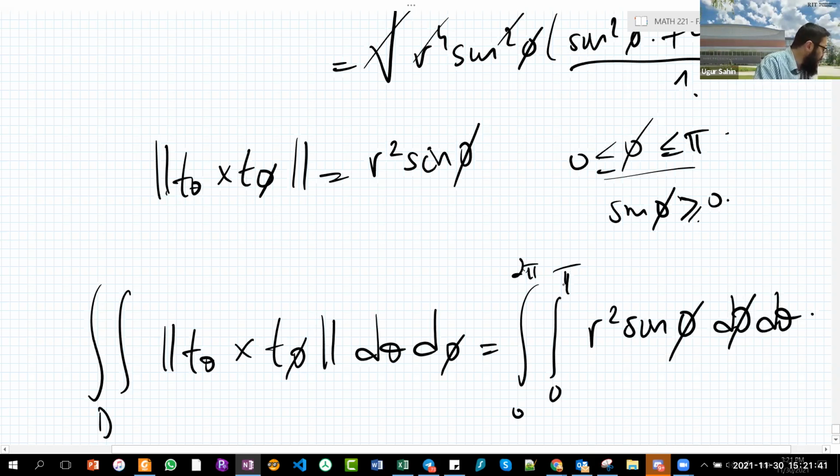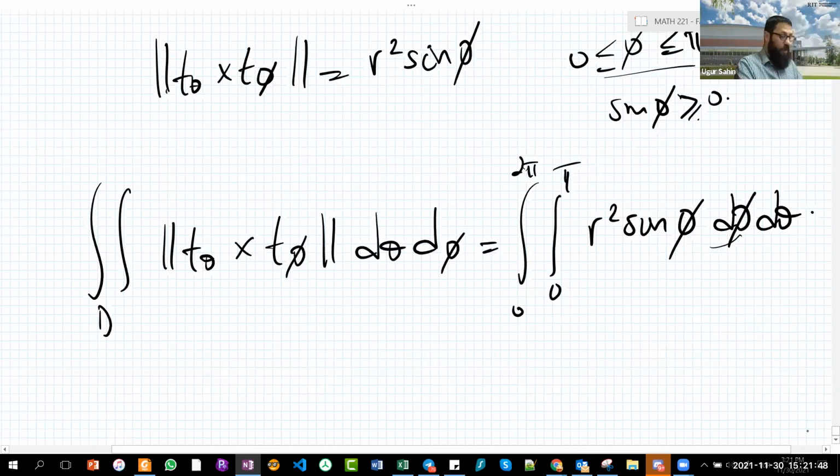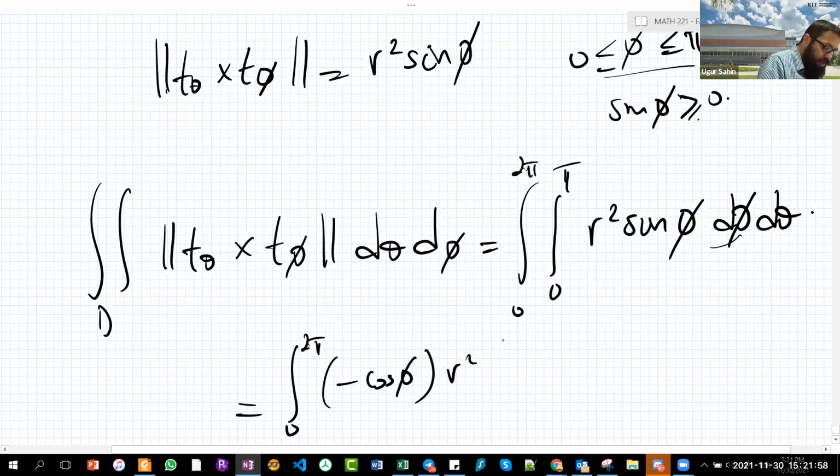I used the phi boundaries first. That's why I used the d phi first. All right. Let me go ahead and take the interval 0 to pi. So it's going to be negative cosine phi times r squared from 0 to pi, and now d theta.